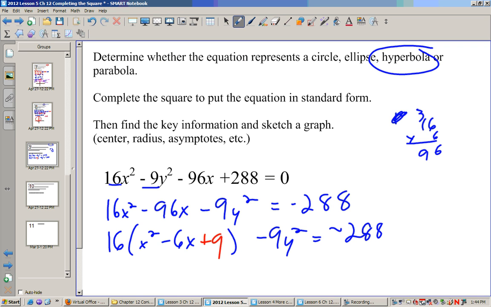So 9 times 16, I should probably know, but I don't. So that's what we're going to add to this side. 9 times 16 is 144. So that makes this negative 144.